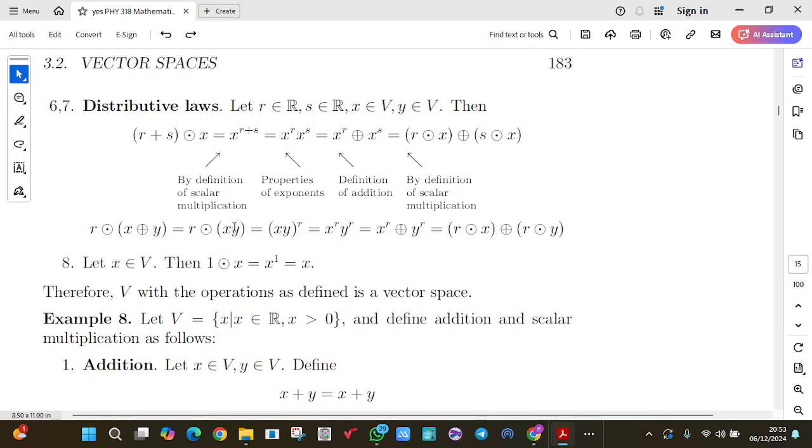So that's why we copy this. This is xy. The next thing is xy raised to the power r. That is what we have there. The next thing is we open it, then we put the sign, and then we go back just like we did. We realize that this side is equal to this side. So our distributive law is okay.